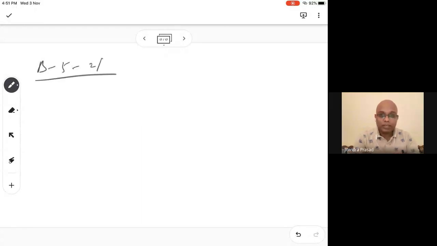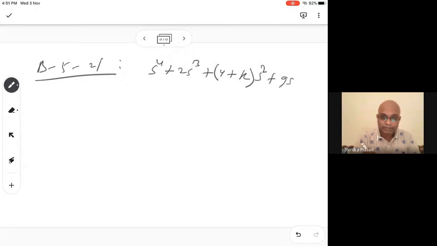Consider the following characteristic equation: S4 plus 2s cube plus 4 plus k s square plus 9s plus 25 equal to 0. Then using the Routh stability criterion, determine the range of k for stability.